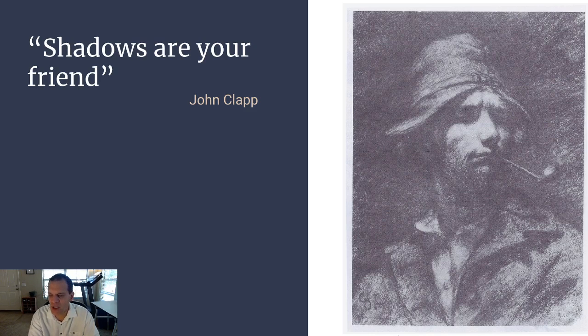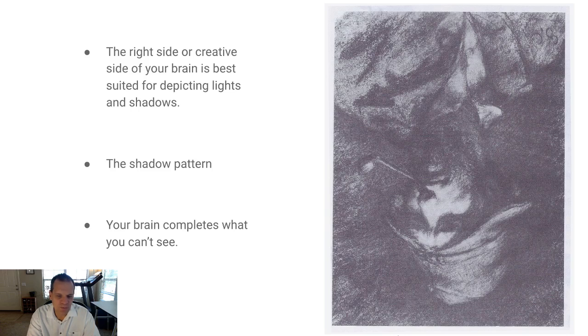Our mind completes what we can't see, and that's a really useful tool for us as artists. The ability to refrain from showing everything, and just show what we need to see, letting our minds complete the rest, is a useful tool.